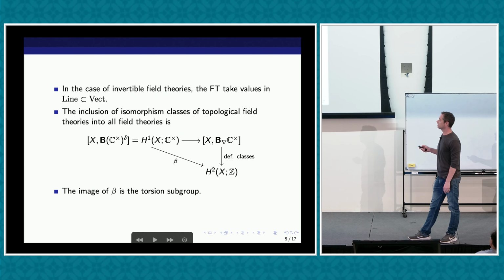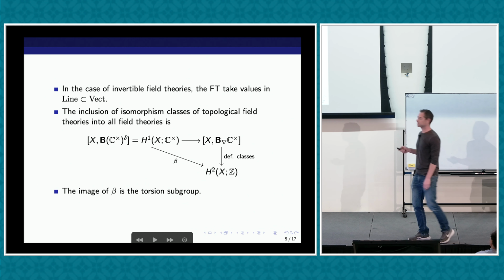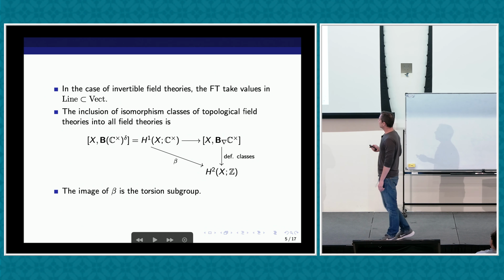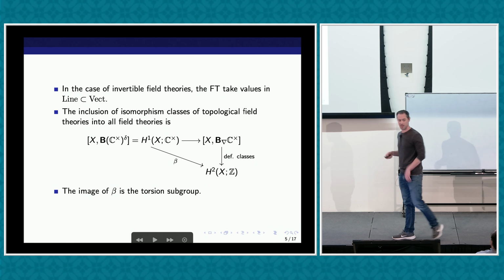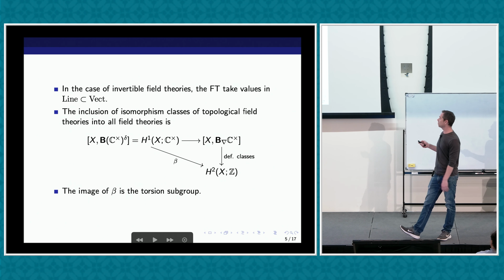You have the discrete topology on C cross here. And if you take the isomorphism classes, that just gives you H^1 with coefficients in the units of C. And you can include those isomorphism classes into all classes of field theories. So now we don't just have flat bundles, but we take all line bundles with connection. This here is the moduli stack of line bundles with connection.